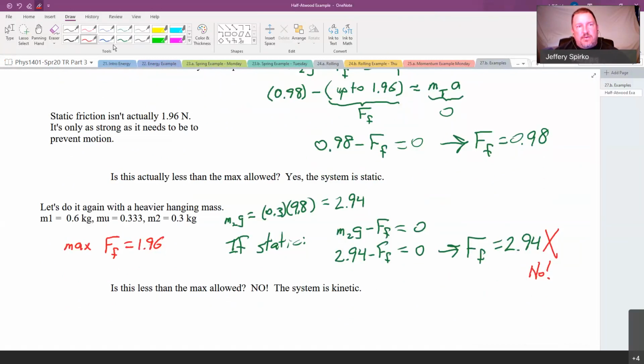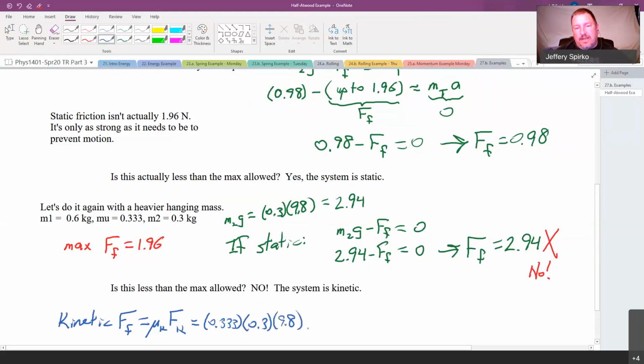So then we do kinetic force friction is equal to mu kinetic times force normal. I didn't give a different mu kinetic, so without a different value, we just assume it's the same thing. So that's 0.333 times 0.3 times 9.8 is equal to 1.96.